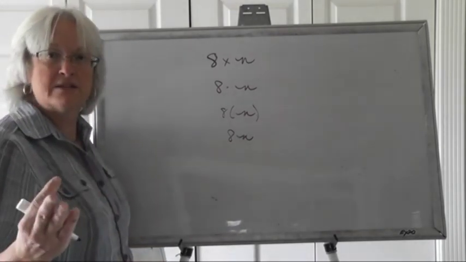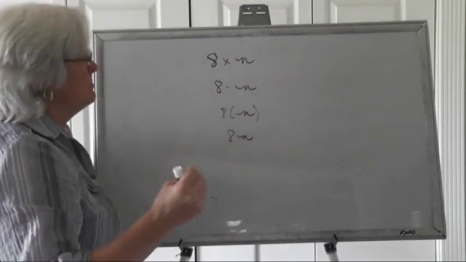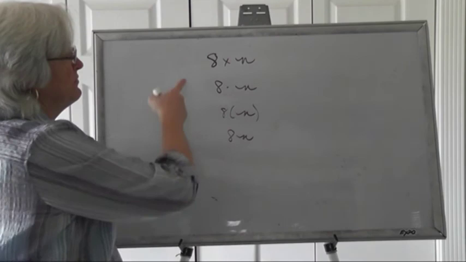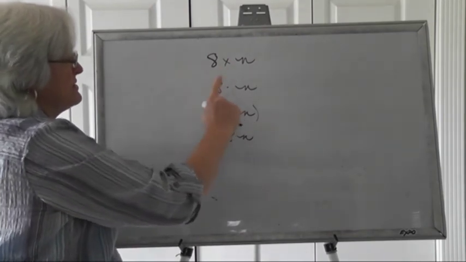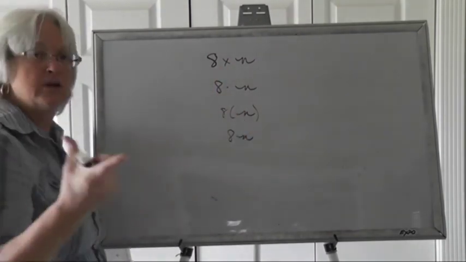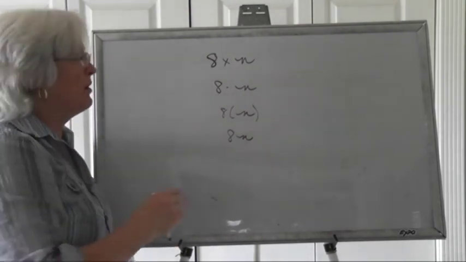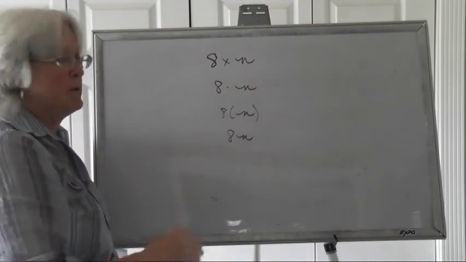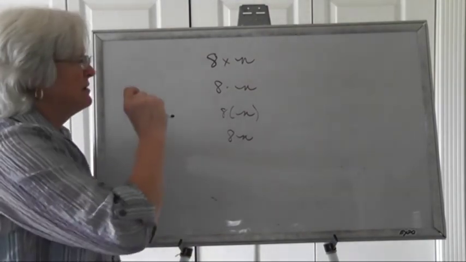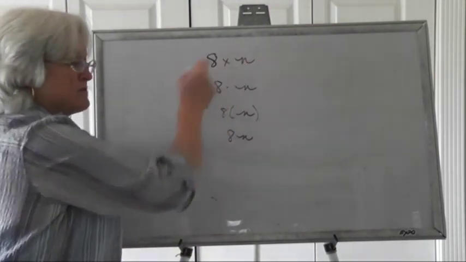We have 4 different ways here of expressing multiplication using variables. The x, a raised dot, parentheses, and just bumping a digit right up next to a variable. All 4 of these expressions mean 8 times whatever this value of n is.